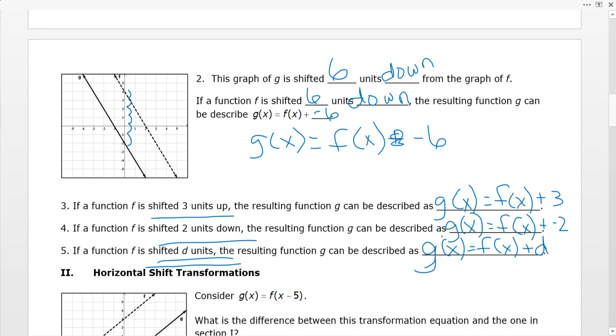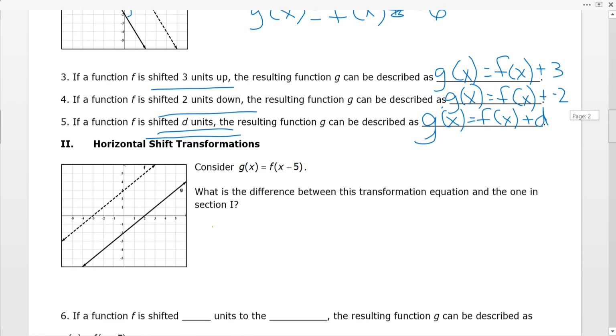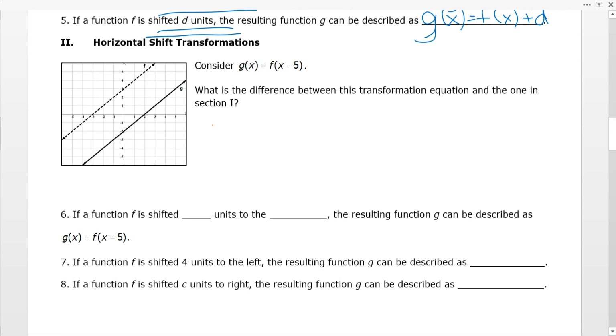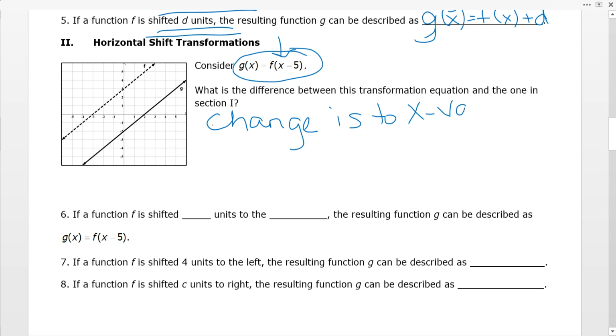Okay, if we want our lines to shift horizontally, it's a little bit different than the vertical shifts because notice what changed when we have this function right here. The change is happening to the x value. So we're changing the x value before we put it in the function.